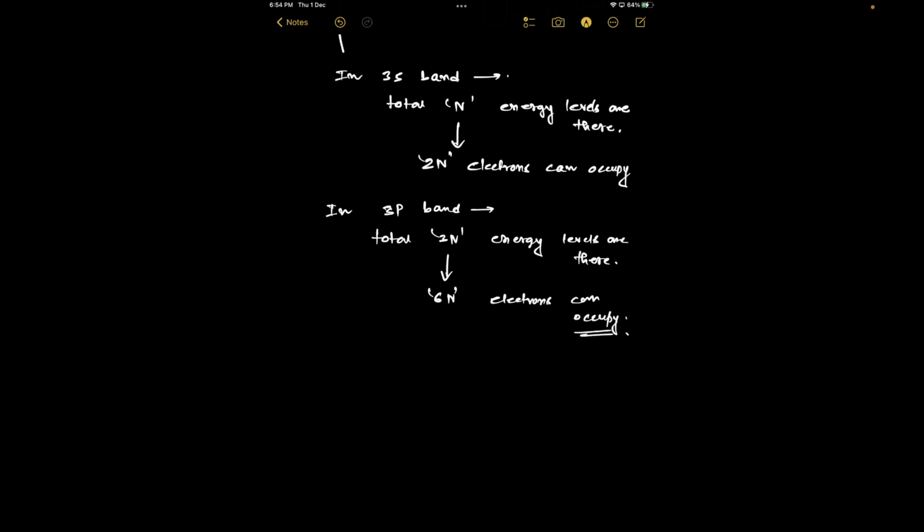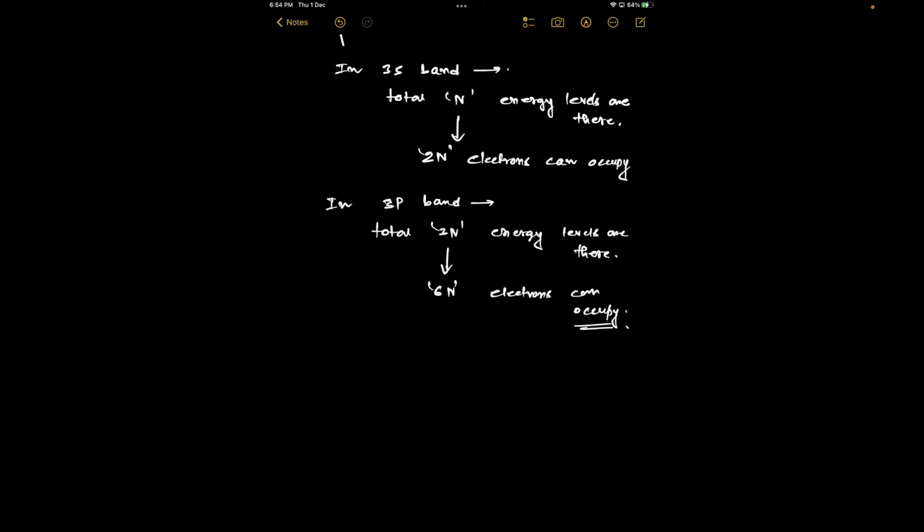Now for the magnesium case, for one magnesium atom, 2 electrons are there in 3s, right? For n magnesium atoms, the total number of 3s electrons will be 2n, right?